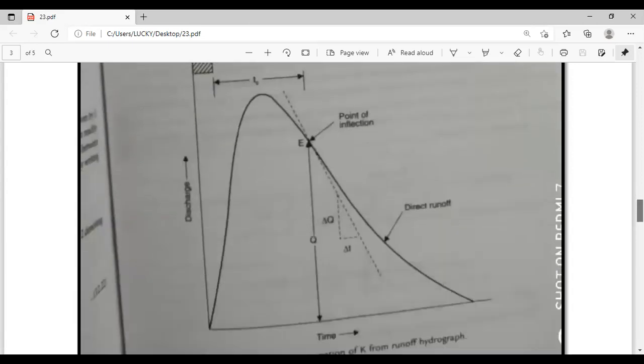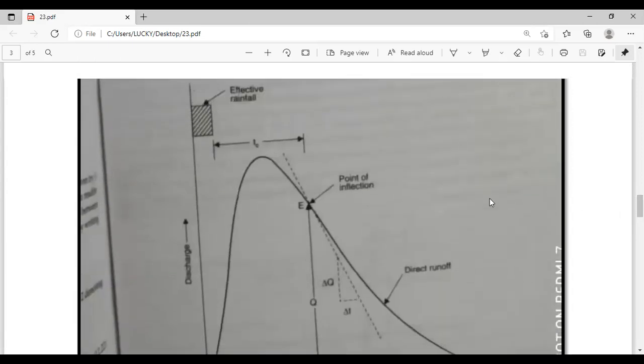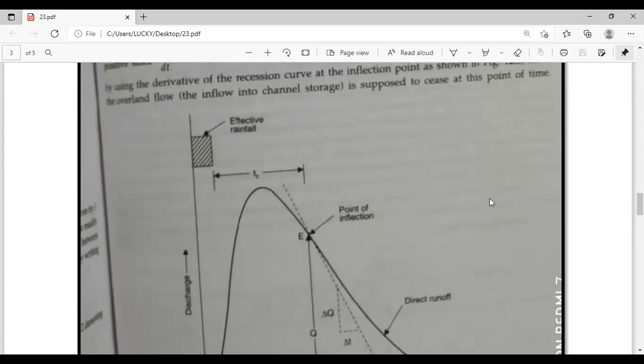Here, guys, in this figure, the y-axis is the discharge and the x-axis is the time. This is the determination of K from a runoff hydrograph. This is the effective rainfall. This is equal to Tc.